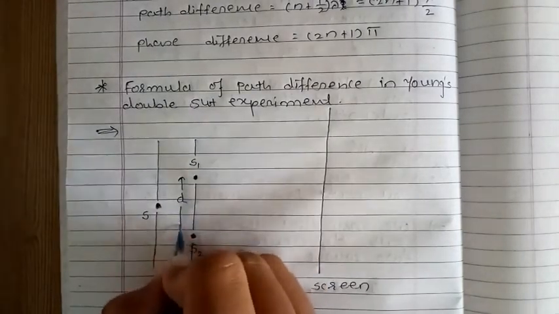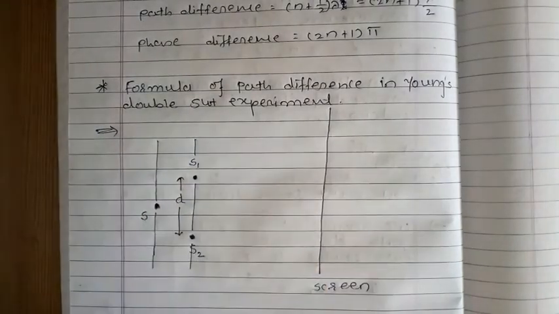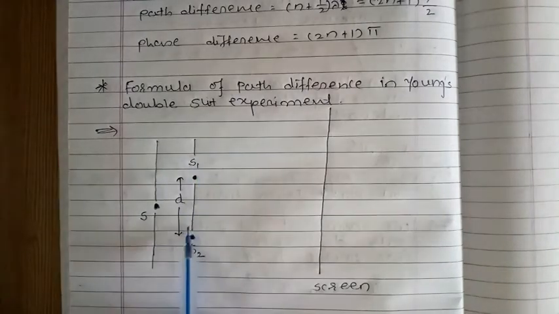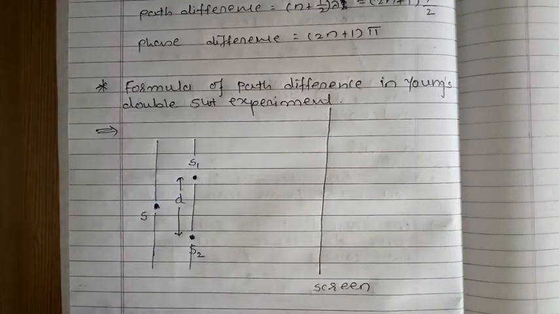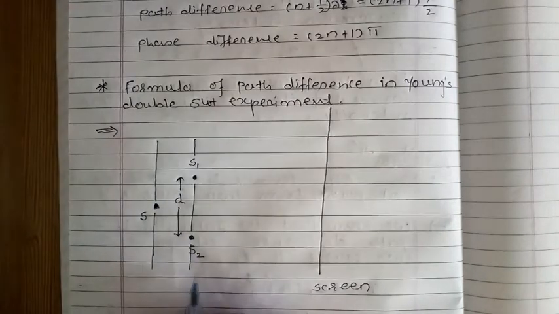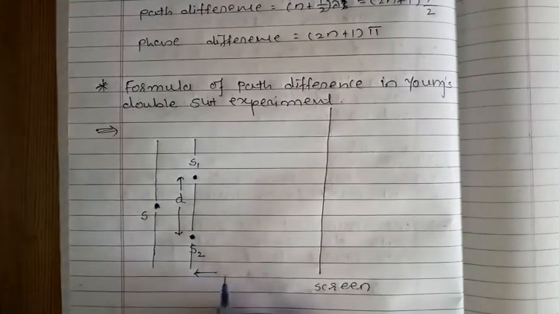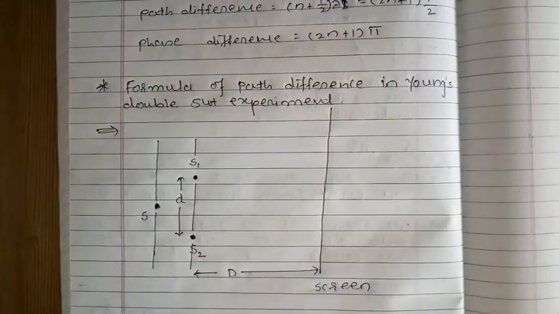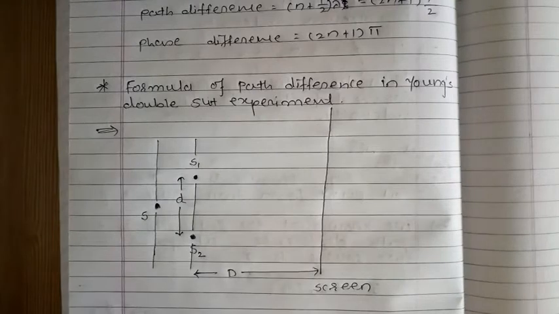You have to assume that the distance between slit S1 and S2 is small d. The distance of these two slits from this screen is capital D, right?